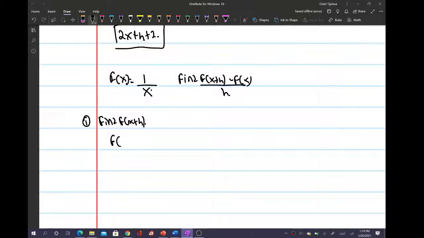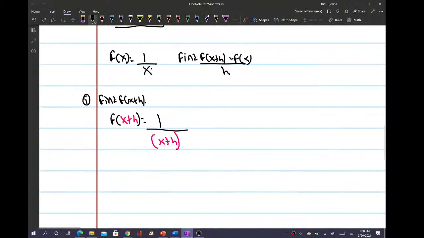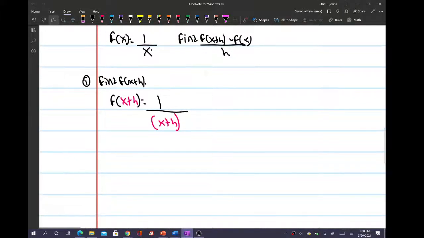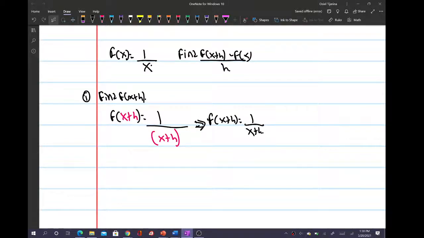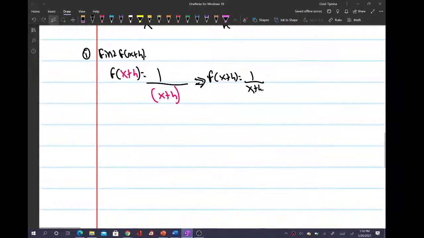Now, f of x plus h will be equal to 1 over the quantity x plus h. Okay, and that's f of x plus h, right? So therefore, f of x plus h equals 1 over x plus h. It just means that we plugged in x plus h for x, okay?